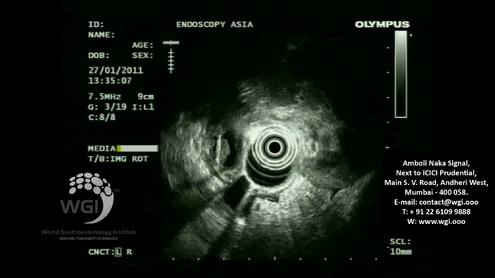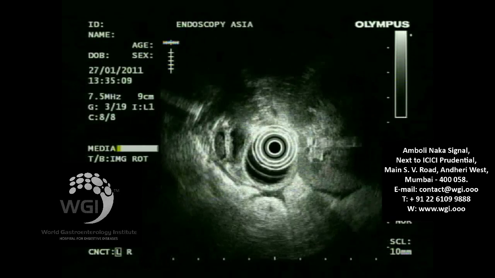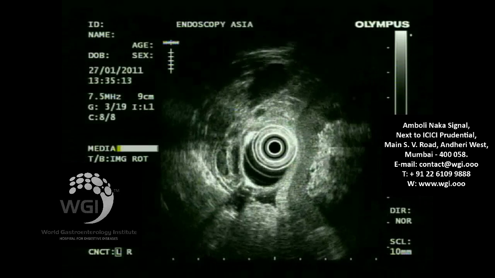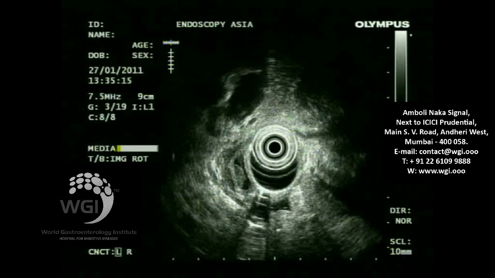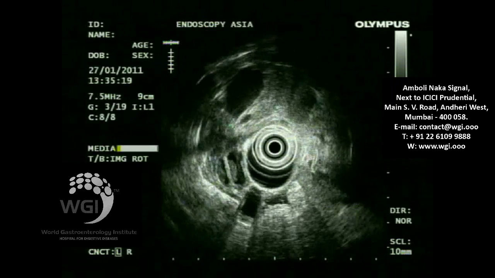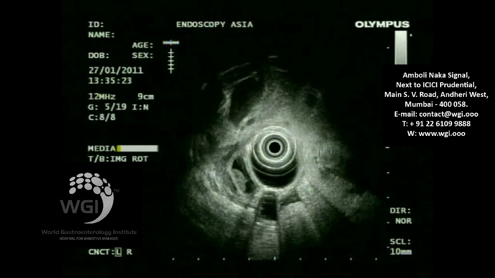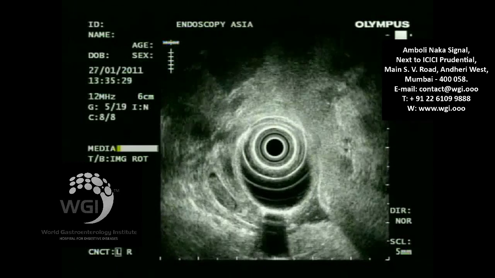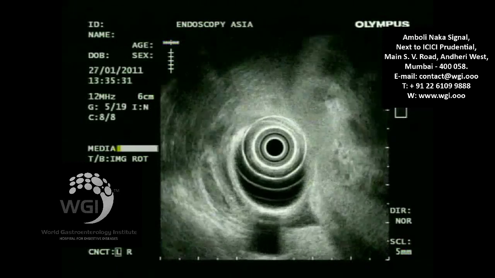You can see here in the prepapillary portion of the pancreatic duct also. So there is some reflux of the pus in the pancreatic duct. You can see that. So that's why the patient has biliary pancreatitis, and you can see very well both the ducts now with the impacted stone causing posterior acoustic shadowing.